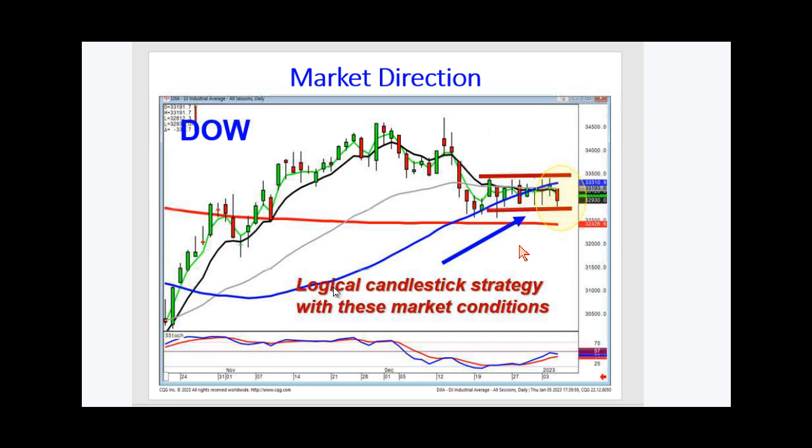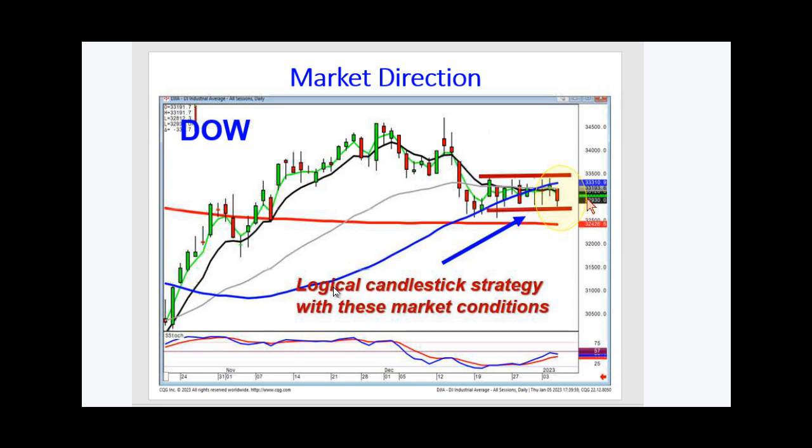Now, why is this relevant? Because this tells us what type of strategy you probably want to be using during these type of market conditions. Obviously, when you're in an uptrend, J-hook pattern uptrend, we know we want to be predominantly bullish. But when you see something like this, should we be bullish or should we be bearish?